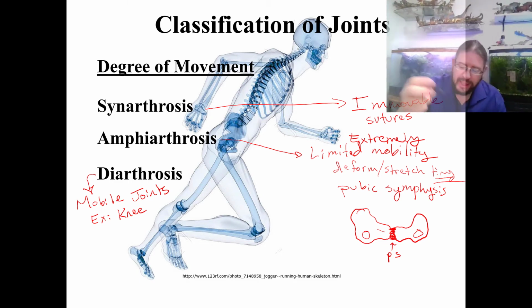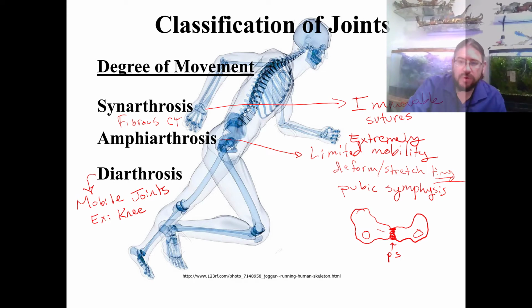Now, in addition to these, we can also classify joints based on the tissue that you find in it. So a synarthrosis is generally fibrous connective tissue. So sealing together the sutures in your skull.